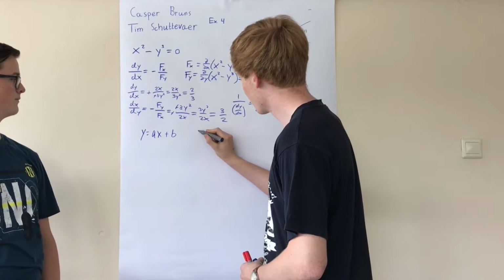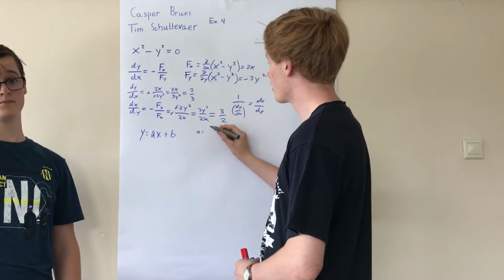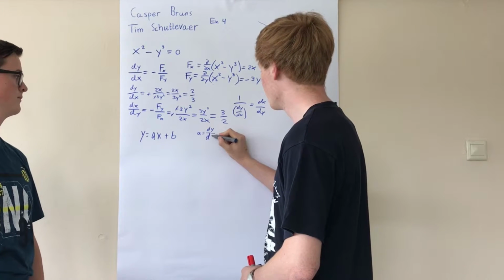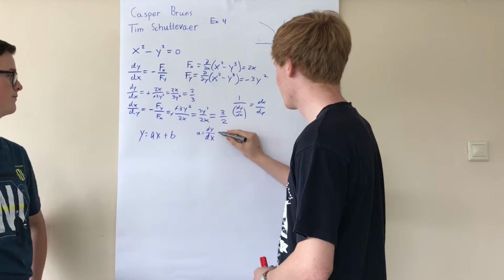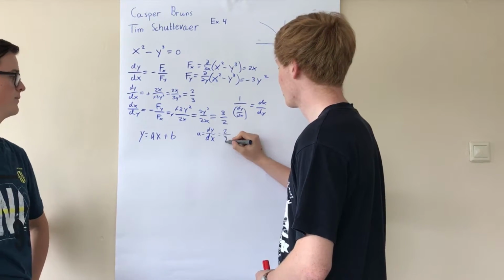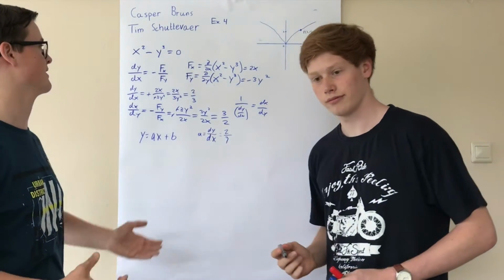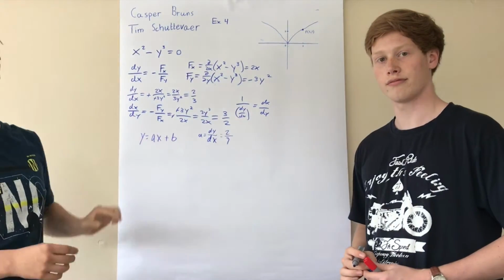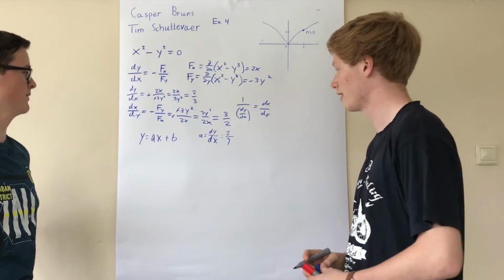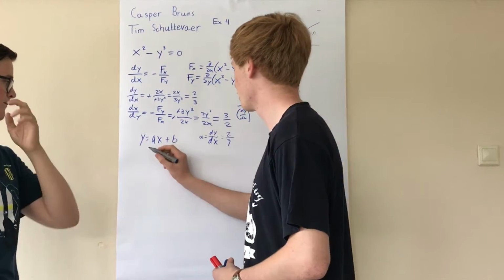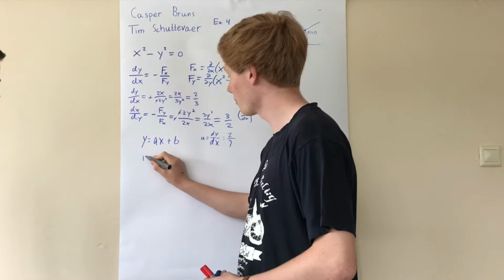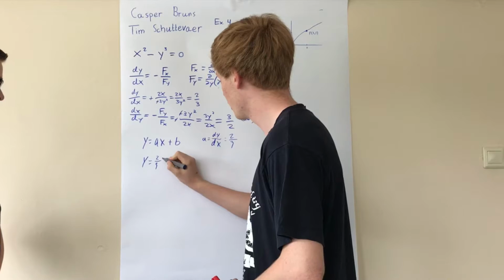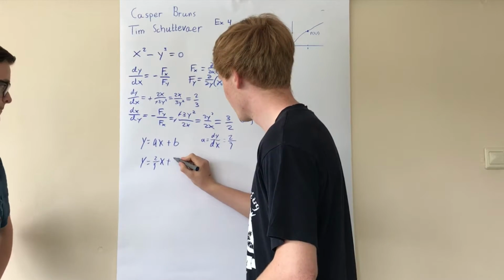It's because a is the same as dy/dx, which is 2/3. This is because dy/dx is defined as the slope of the function, and that's the same as what the a part is supposed to do. So if we fill this into the formula, we get y equals 2/3 x plus b.